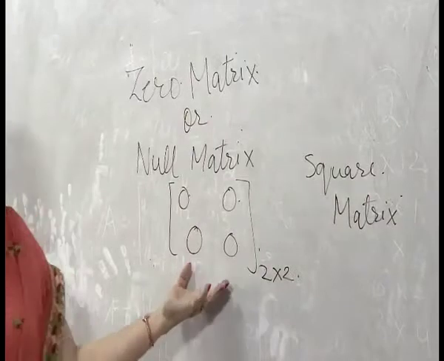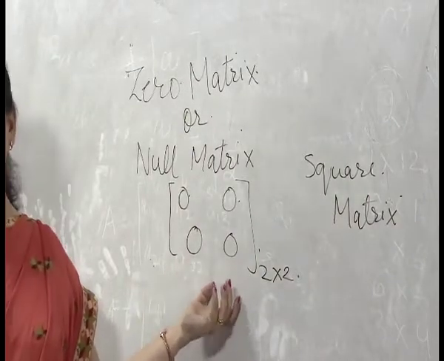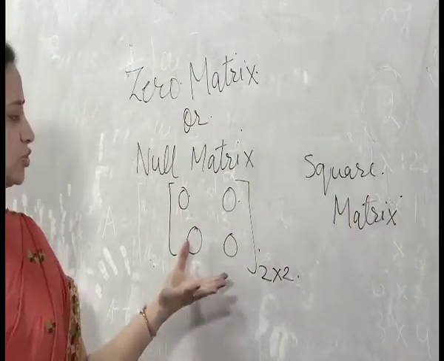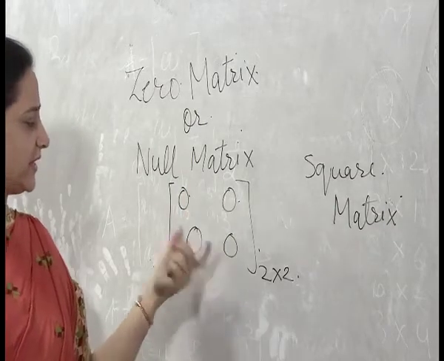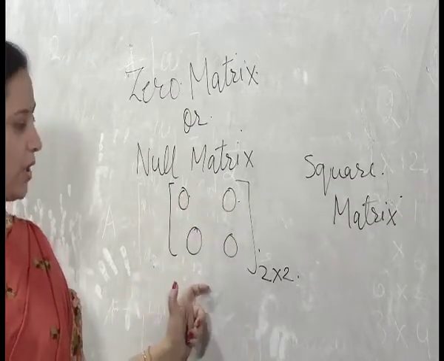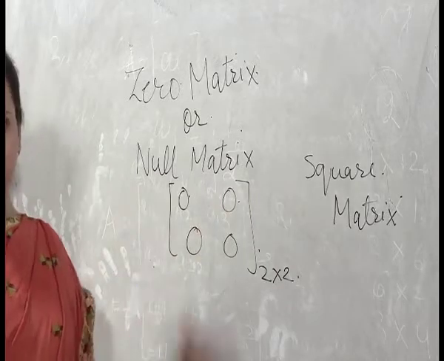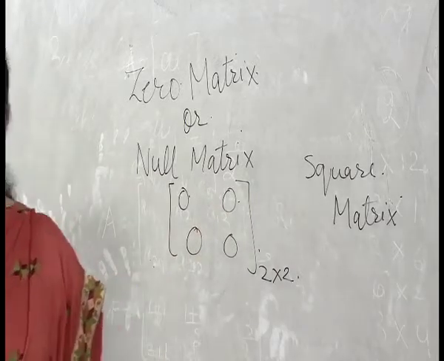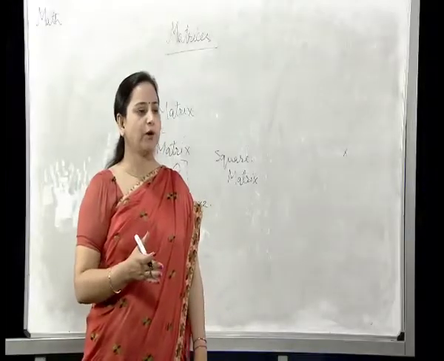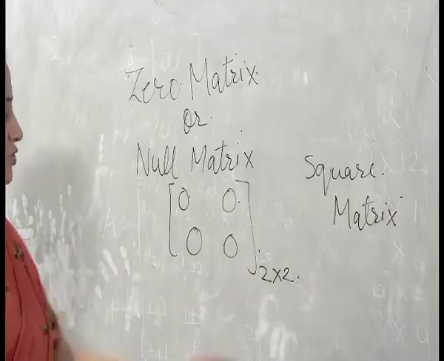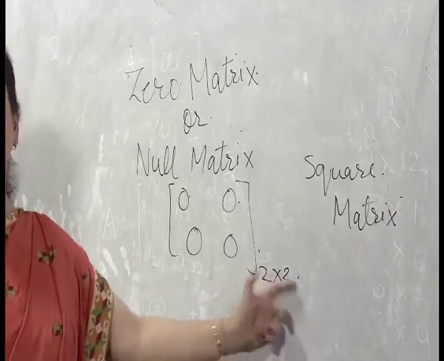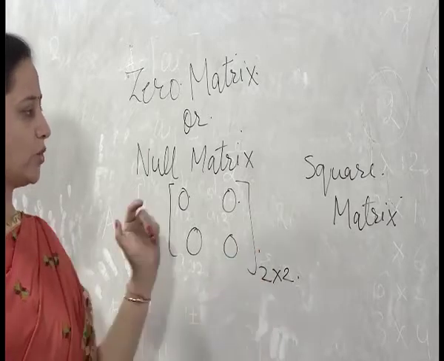So, this matrix is a square matrix as well as a zero matrix. Two things we can see here: all the elements are 0, and it is a square matrix. What is a square matrix? A square matrix is a matrix which has the same number of rows and columns. So, the order will be 2 by 2. That means it has 2 rows and 2 columns.